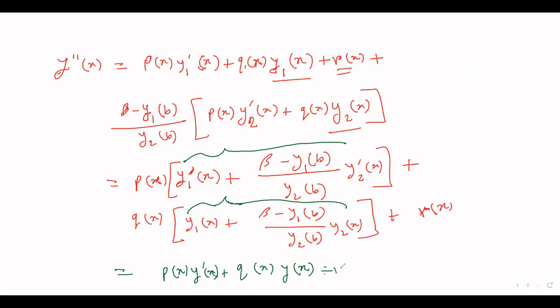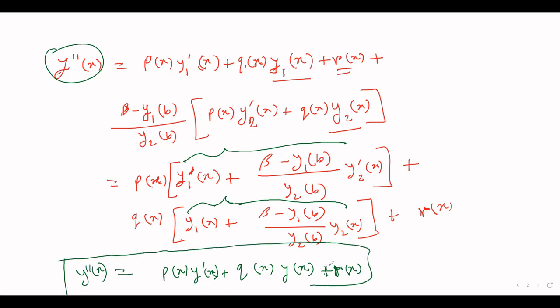And at the end, we have an r of x. So on the left-hand side, we had y double prime x. So this is the differential equation in the boundary value problem. So this y indeed satisfies that equation, right?